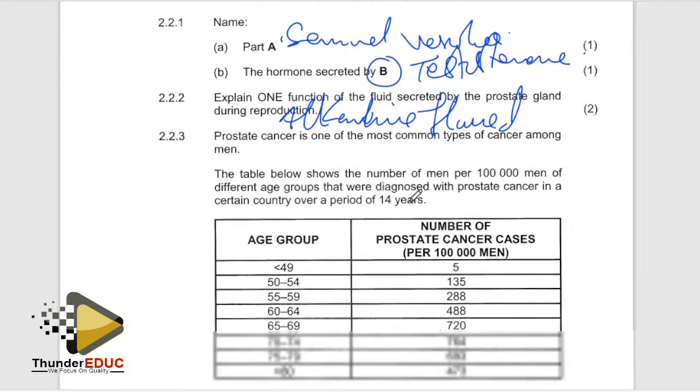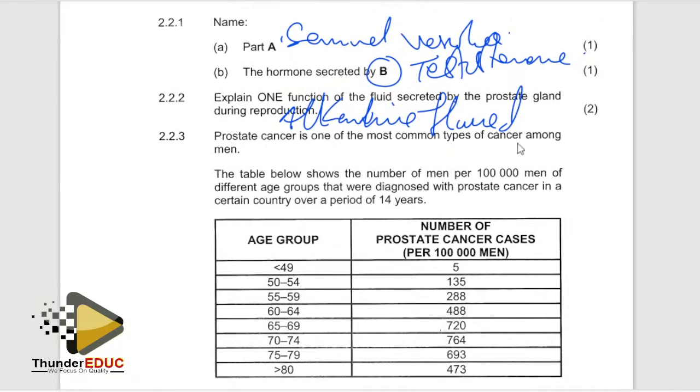Prostate cancer is one of the most common types of cancer among men. The table below shows the number of men per 100,000 men of different ages that were diagnosed with prostate cancer in a certain country over a period of 14 years.